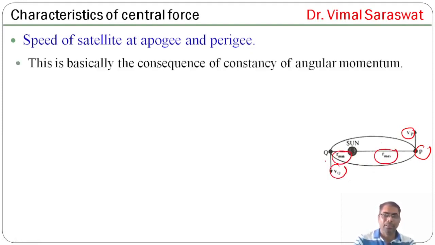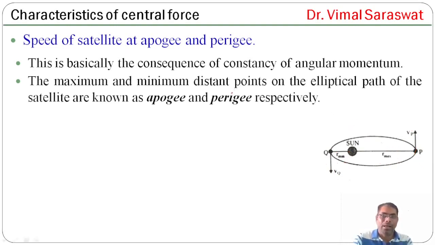This is basically the consequence of constancy of angular momentum. So the speed of a satellite at apogee and perigee is actually the consequence of constancy of angular momentum. It means the angular momentum at every point will be constant. The maximum and minimum distance points on the elliptical path of the satellite are known as apogee and perigee respectively.